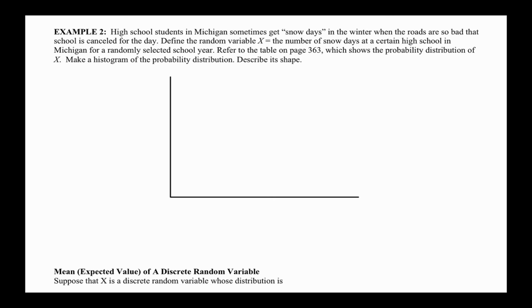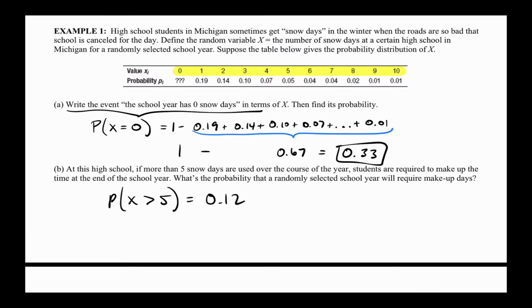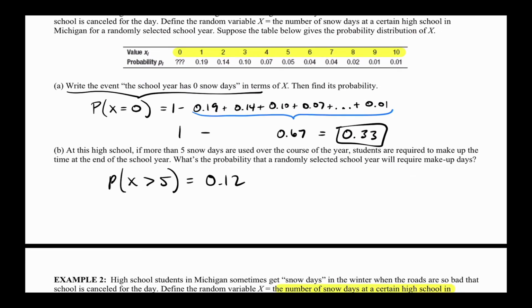So the random variable is the number of snow days. Well, our table shows from 0 to 10, right?